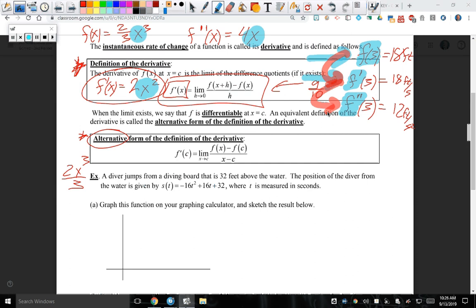Because they're all related. They're all connected. So at an instant in the cosmos of time, at 3 seconds, I could know what is something's position, what is something's velocity, and what is something's acceleration, all at the same instant in time.